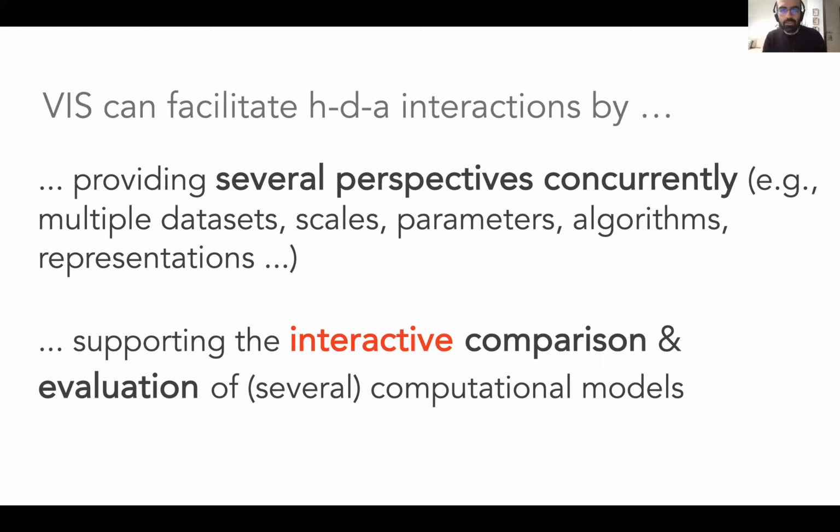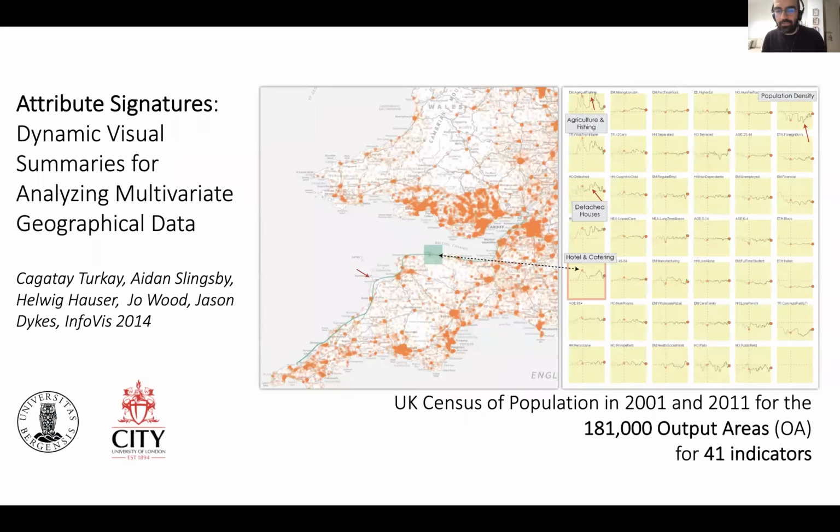By several models or perspectives, I mean multiple datasets, scales, parameters, algorithms, and representations. I want to go over some case studies from my research, together with lots of colleagues, exploring this space of interactive visual data science.